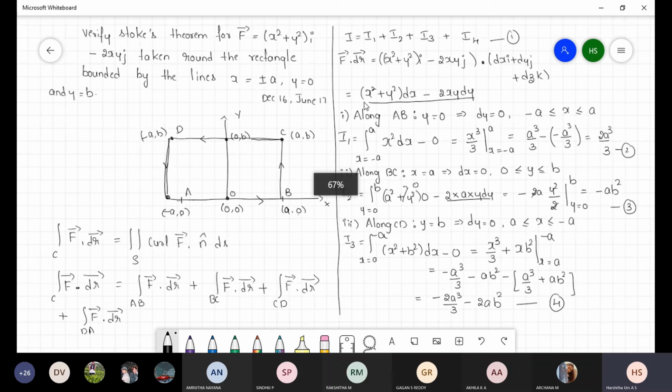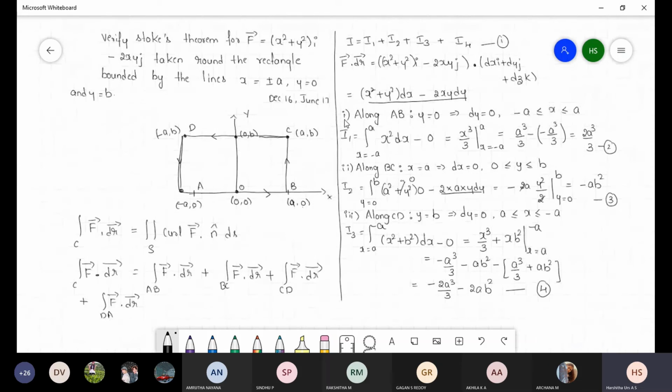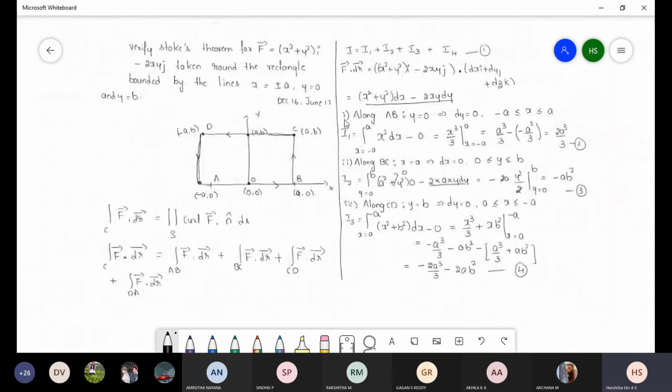Next, the last curve, that is D to A. Along DA, the common value is x equal to minus a, so dx is equal to 0. y varies from D to A, that means from b to 0. So again for I4, wherever x is there we have to substitute minus a.